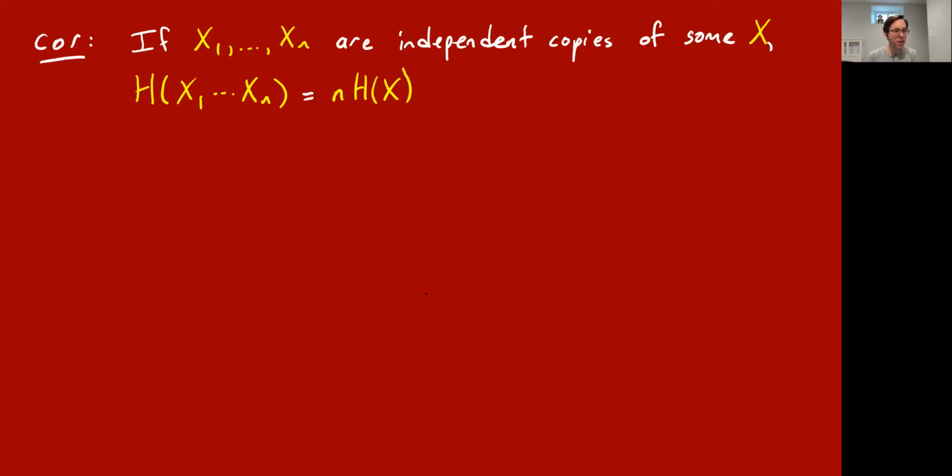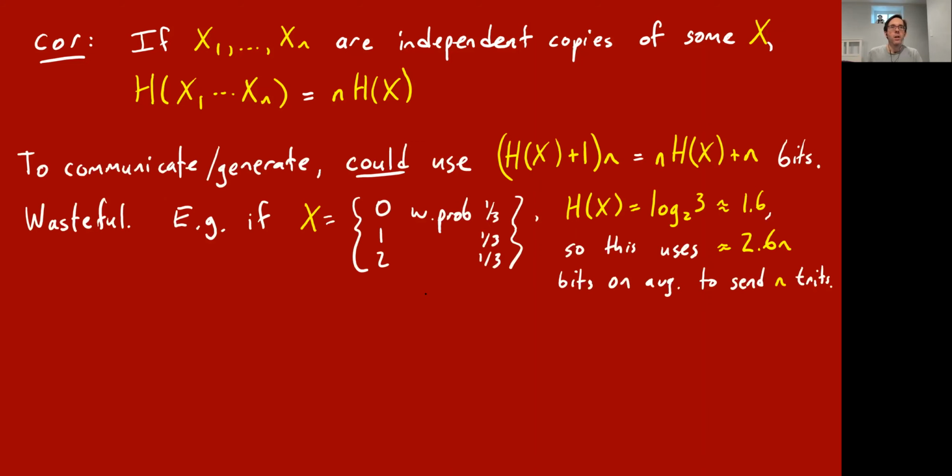Because it relates to this amortization that we were talking about, imagining, instead of storing or communicating or generating one copy of x, let's imagine storing or communicating or generating a large number n of independent copies of x. So, let's say you were trying to store or communicate n draws from some random variable x.